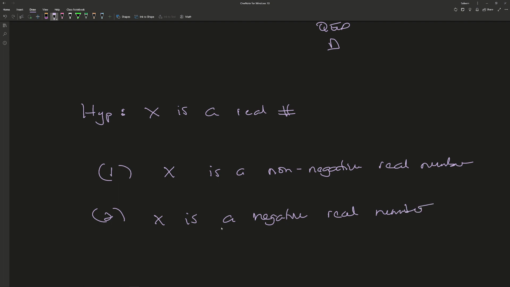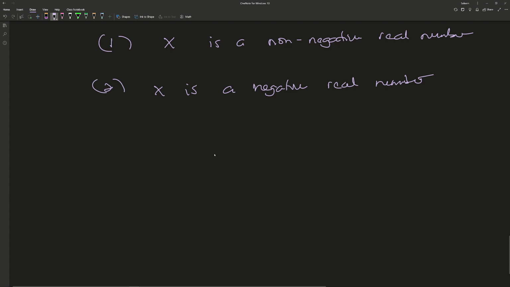Then we suppose that P implies Q, divide into cases, and prove for each one.